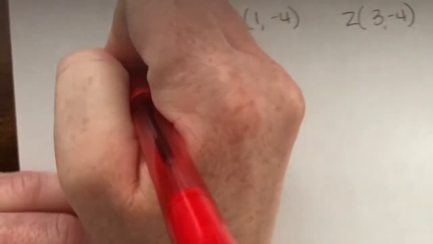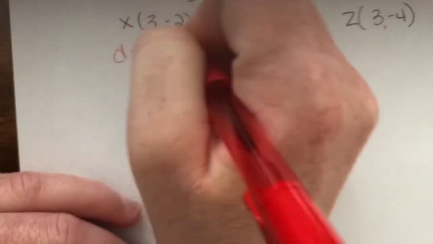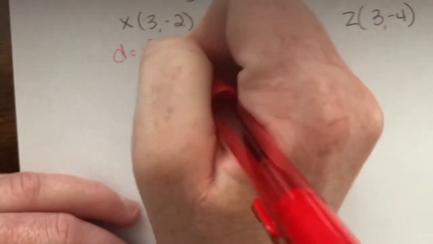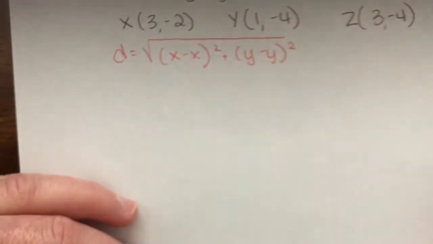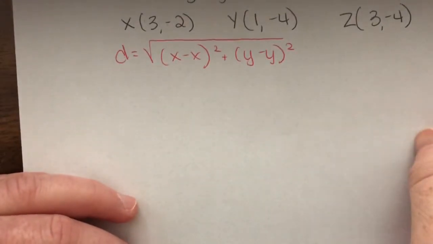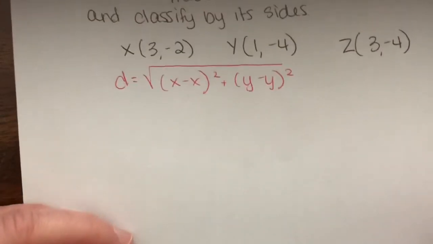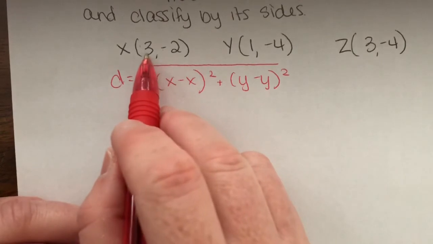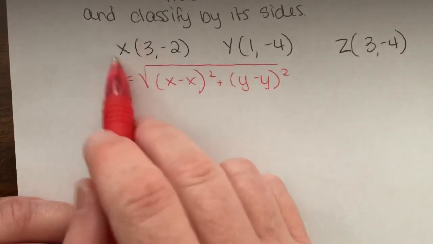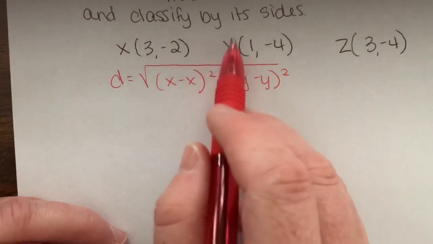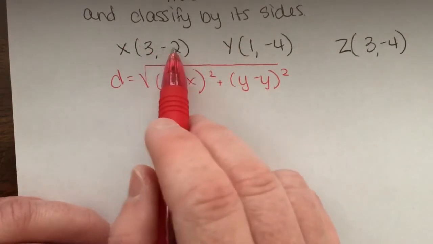And distance formula, remember, D equals the square root of x minus x squared plus y minus y squared. That's our distance formula. You learned it, you're going to have to use it, right? Okay, so here x is 3, y is -2, x is 1, y is -4. I'm not talking about this letter, I'm talking about the coordinates, x and y.